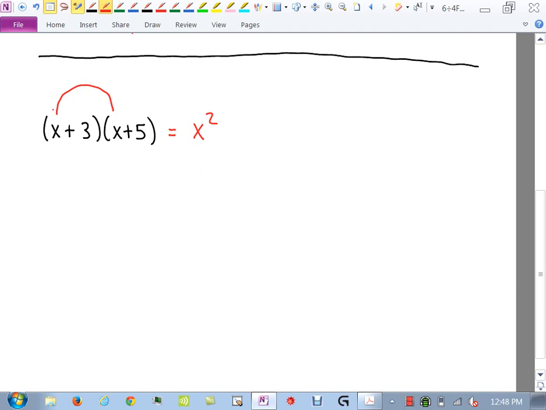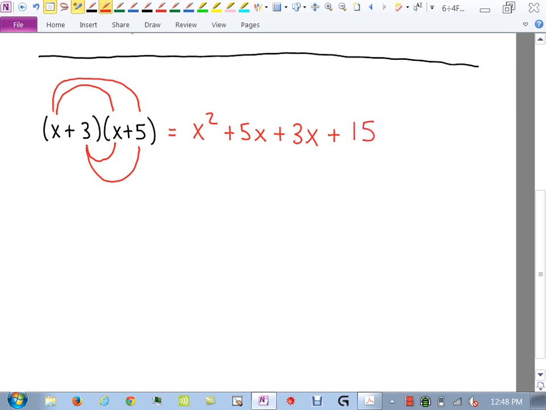Now I would do x times positive 5, which would give me positive 5x. Then I would do the inner terms, positive 3 times x, which would give me 3x. And then finally, 3 times 5, positive 3 times positive 5, which gives me 15.